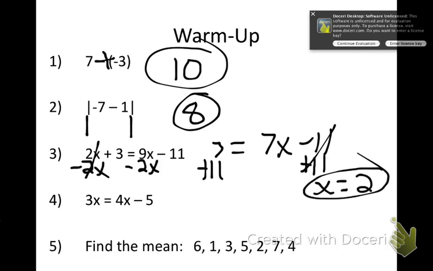Nice job. Number 4. Might be a trick question for you. Troy, what'd you do first? Subtract 3x. I like it. That's what I do. Keep the variable positive. But you have to remember what's going to be on that left side now, Troy. 0. You get 0 equals x minus 5.